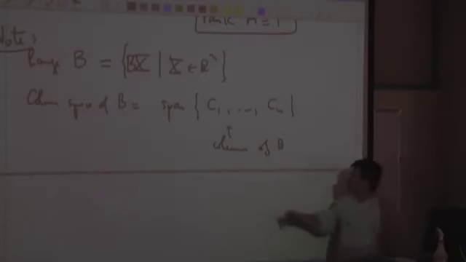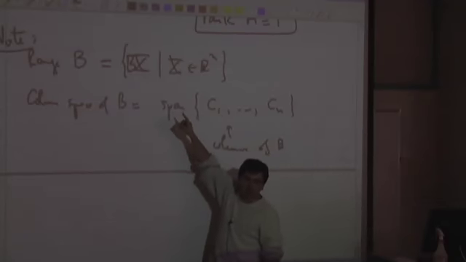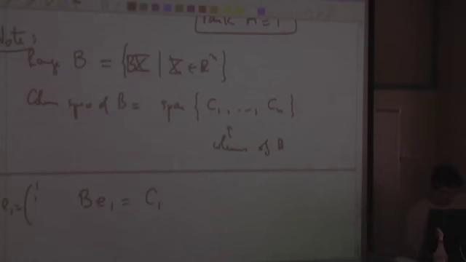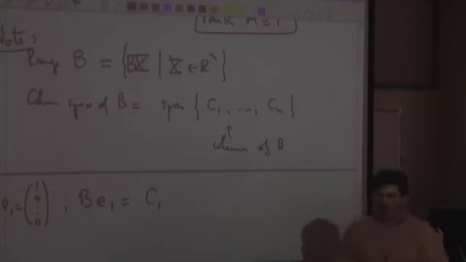Right. So the columns are images of which vectors through this B? Well, take the vector 1, 0, 0, 0. The book likes to use capital E's. Can I use little e's?